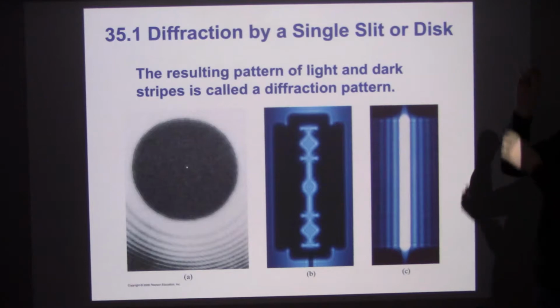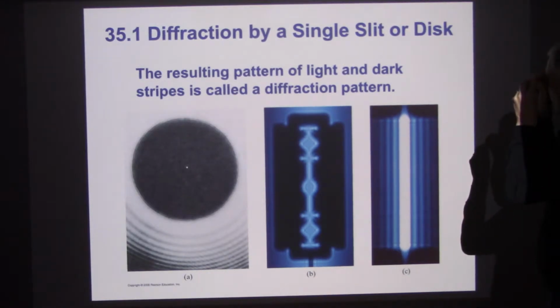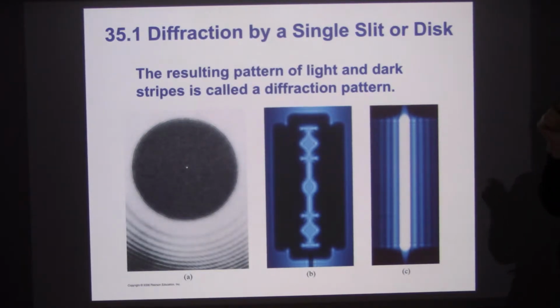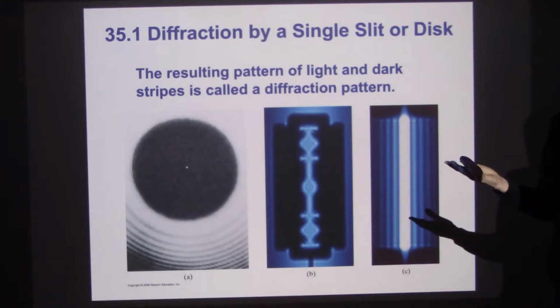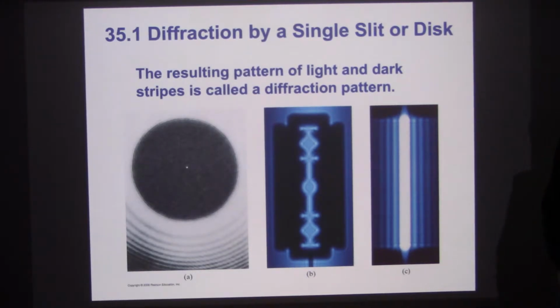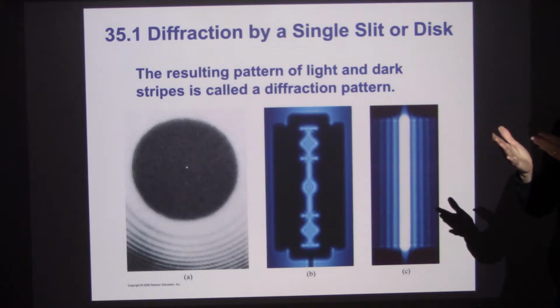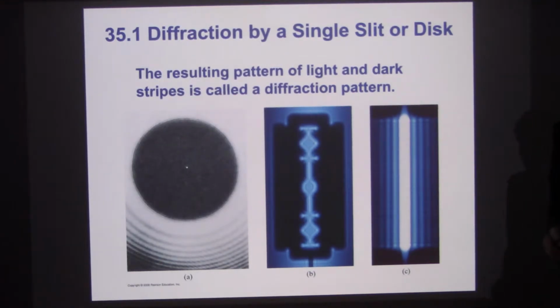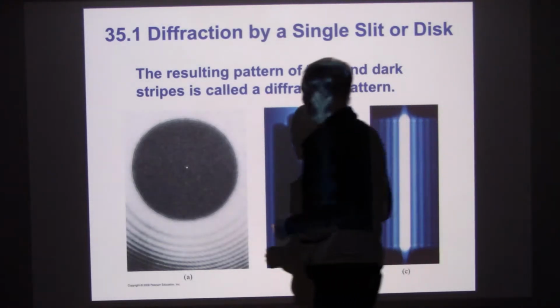You're just sitting around in a room looking at something, and as you get closer and closer, at some point you see alternating bands of bright and dark regions. And it's an interference effect when light passes through any kind of a narrow opening, or as it passes around any kind of an object where part of the light is removed, then you end up with these interference effects. So that's what's happening here.